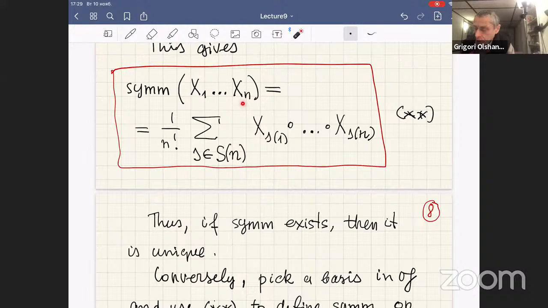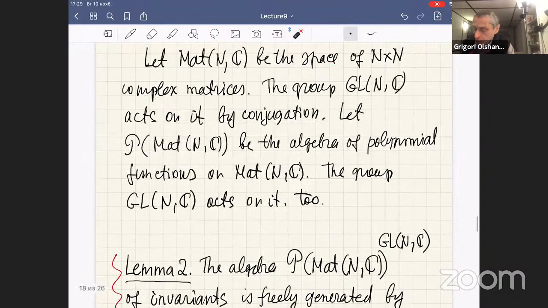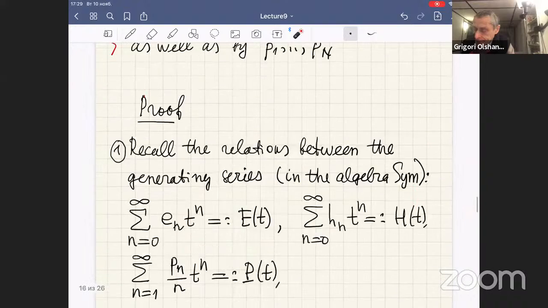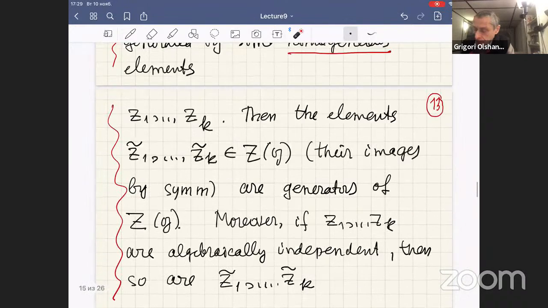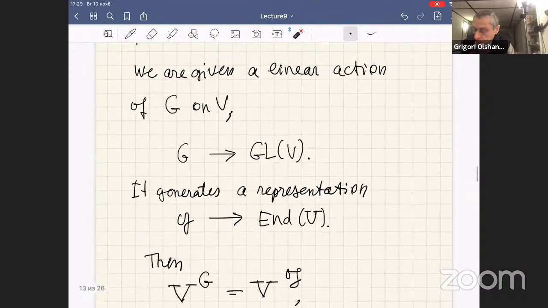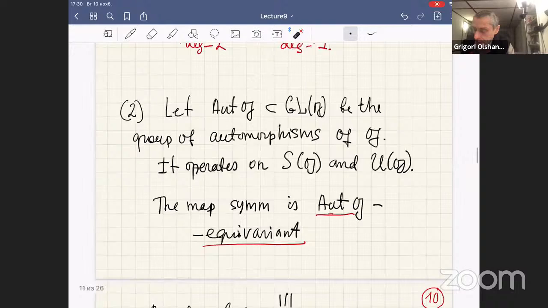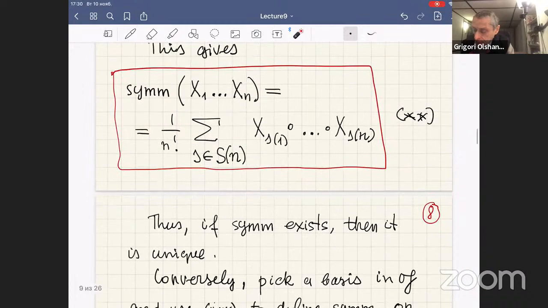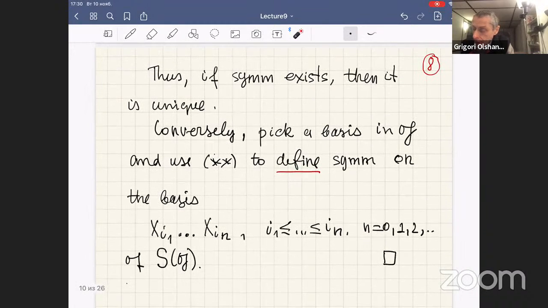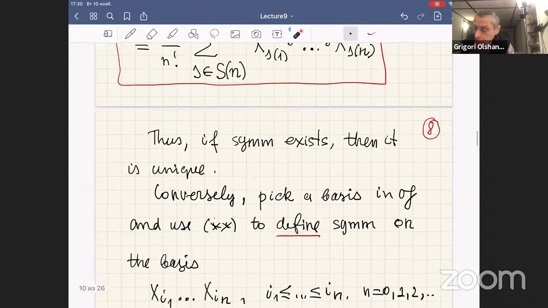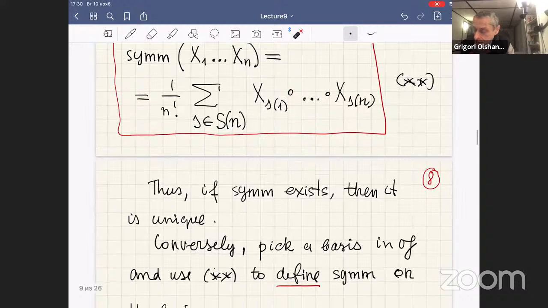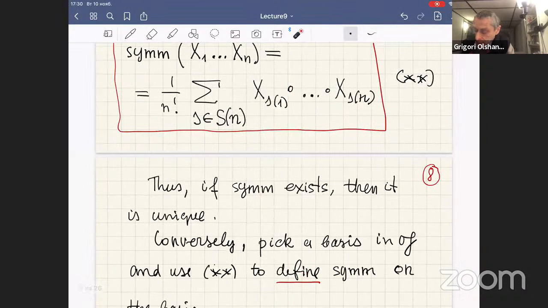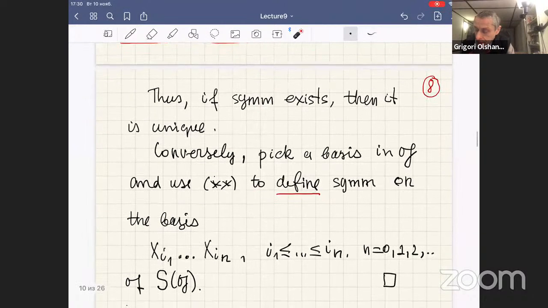And conversely, pick a basis now, and use this equation, this relation, to define our map on the basis elements.